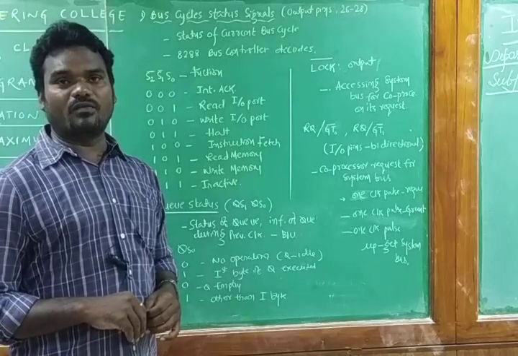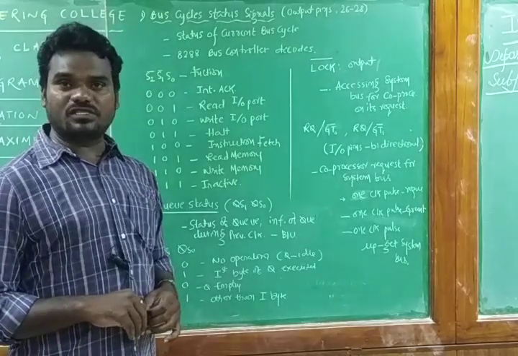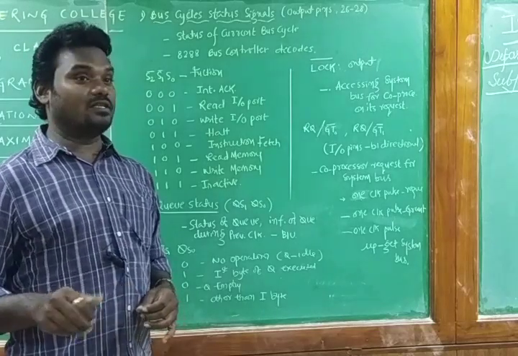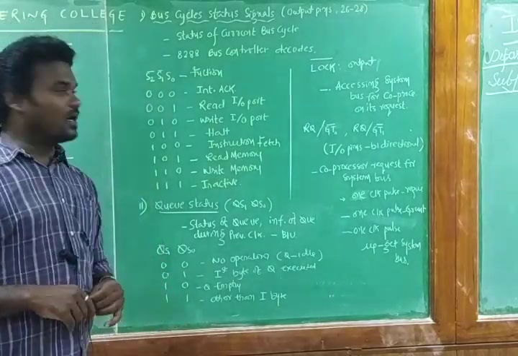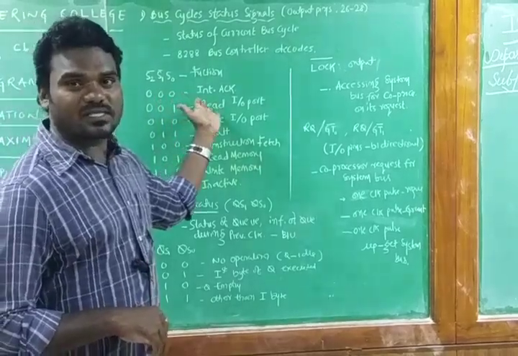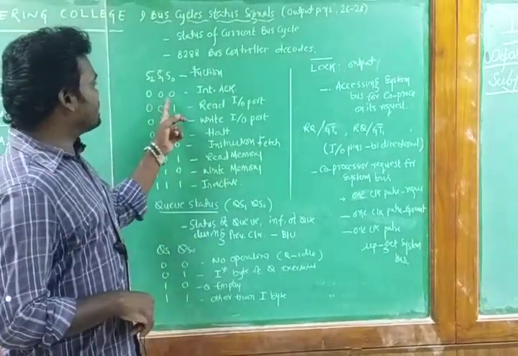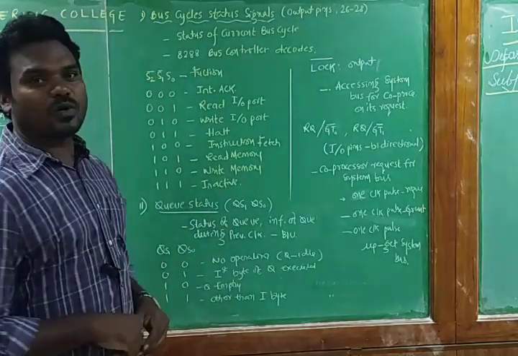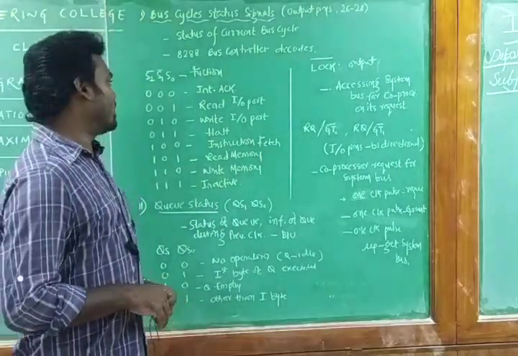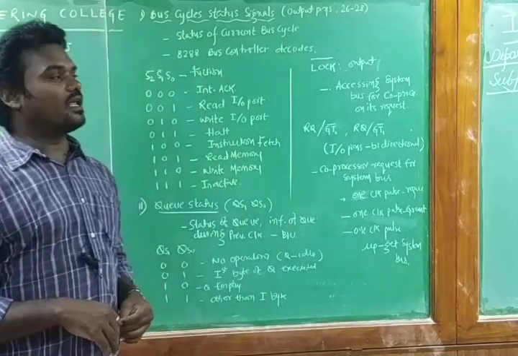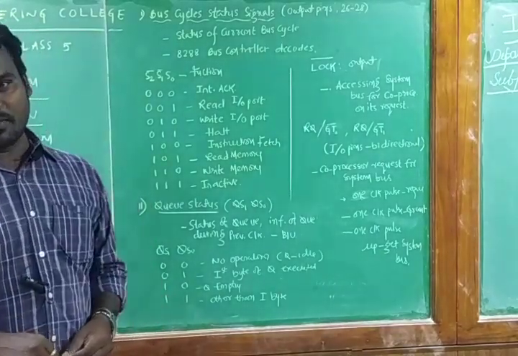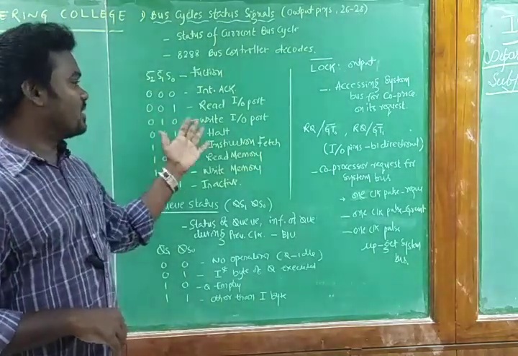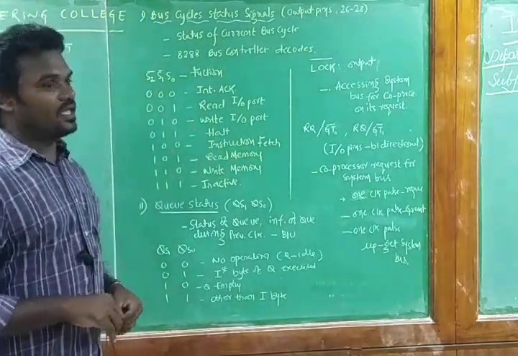That means whenever these 3 output signals are all zeros, the processor has a request of an interrupt signal, that may be non-maskable interrupt or maskable interrupt, and it gives the acknowledge when it gets the interrupt from the input output device.